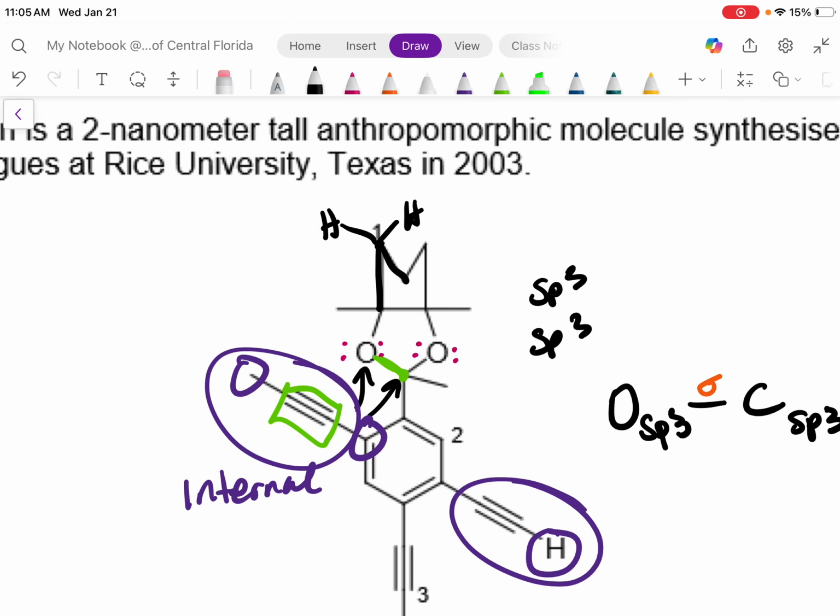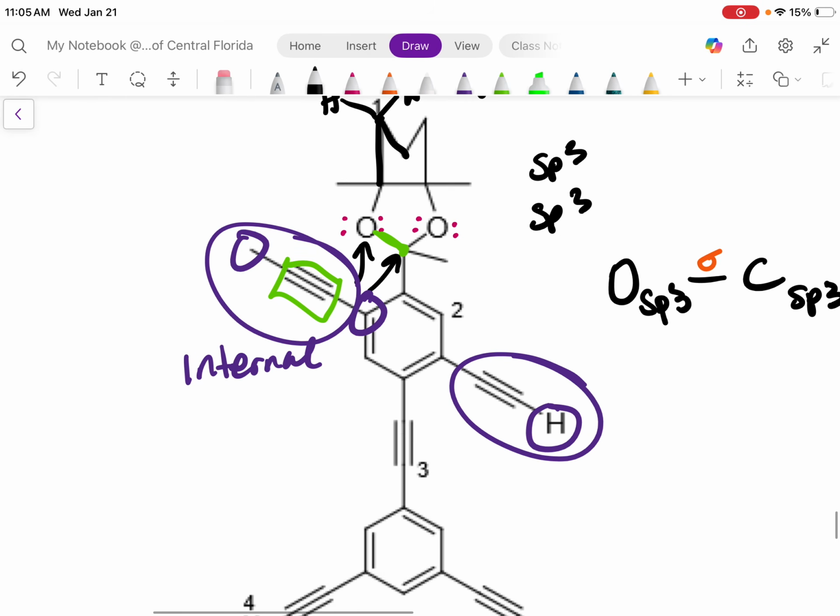So there's 4 electron groups around carbon 1, so that makes that sp3 hybridized. Carbon 2 has a hydrogen coming off of there, and it has how many bonds directly attached to carbon 2? 1, 2, 3. So that would make carbon 2 sp2 hybridized.